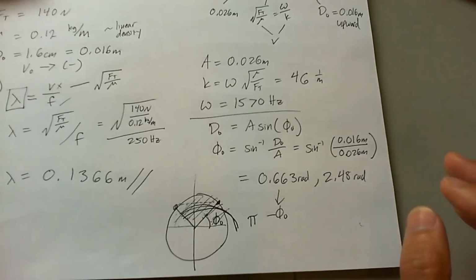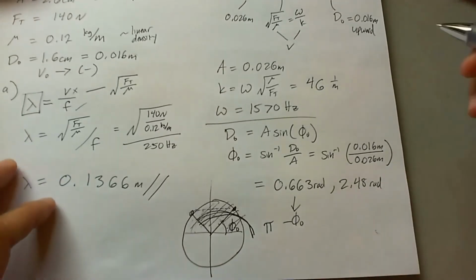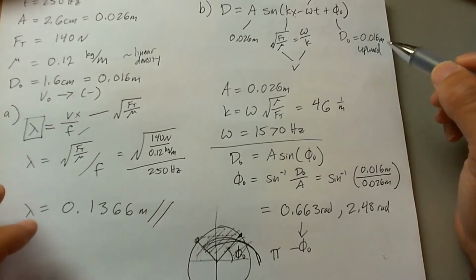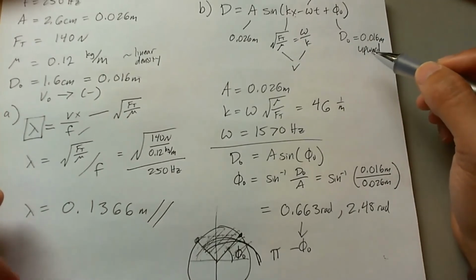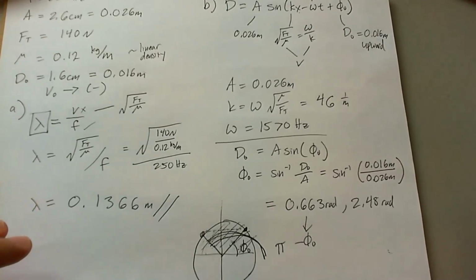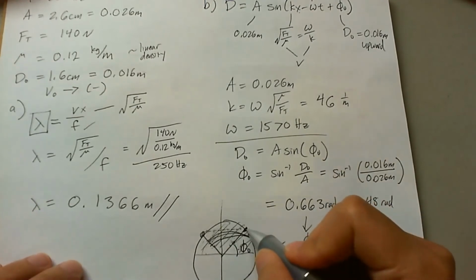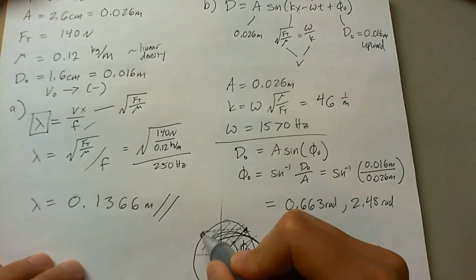Now, the last part, we're going to look at it in terms of our logic. We know that not only does D have to be positive, but it will have to be going upward. So out of our two options, we have this or we have that.